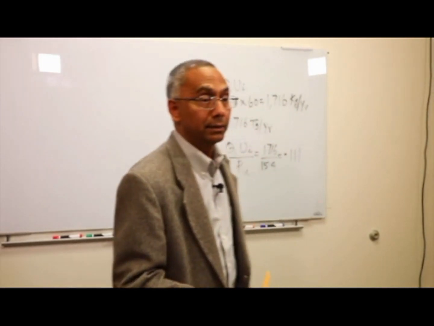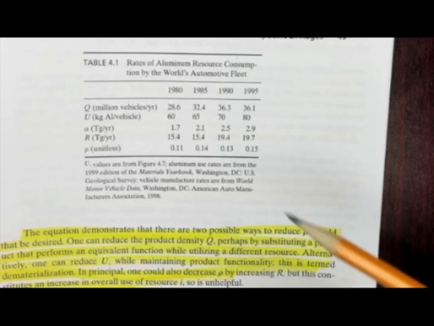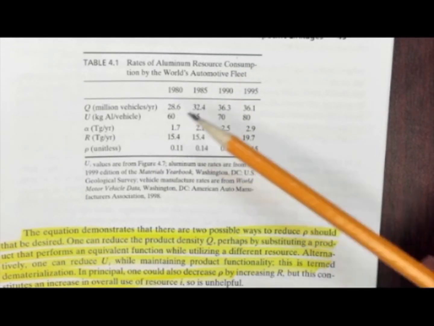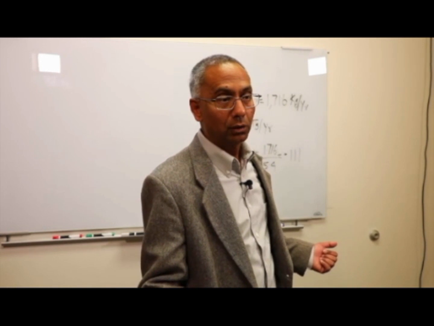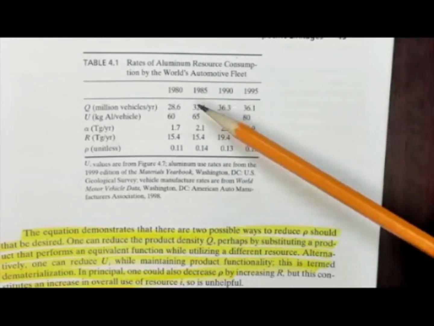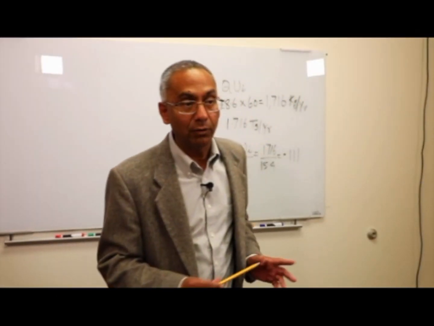So I stands for aluminum, and in 1980, as you can see, there were 28.6 million vehicles sold. That's your Q, your volume. Each of these vehicles consumed on average about 60 kilograms of aluminum.